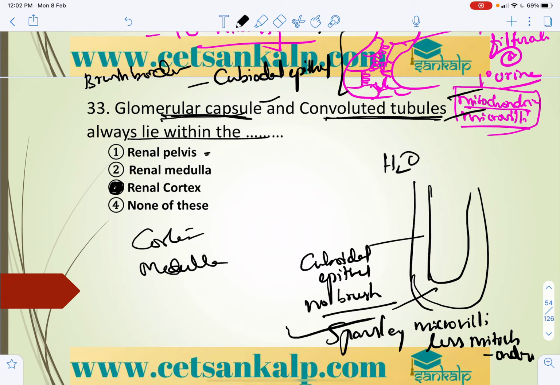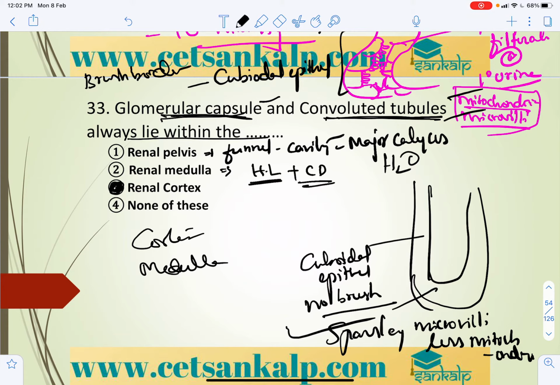The renal pelvis is a funnel-shaped cavity which receives the major calyces. The renal medulla is the functional part where we can see the loop of Henle and a little part of the collecting duct.